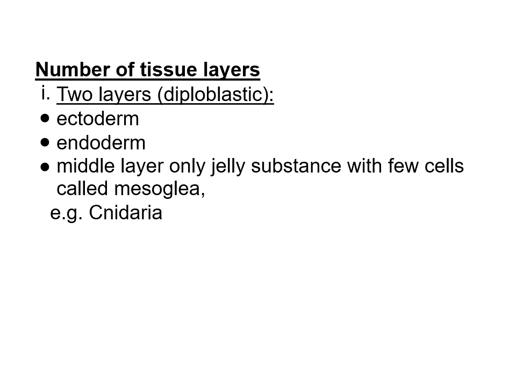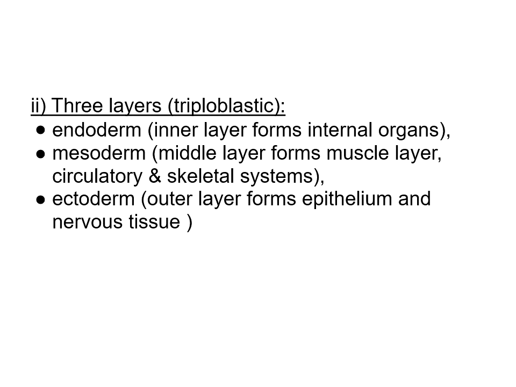A diploblastic organism consists of ectoderm and also endoderm. It doesn't have a mesoderm. The middle area is usually occupied by a jelly substance called mesoglea. An organism that has 3 layers, or triploblastic, has the mesoderm, including the endoderm and also the ectoderm.